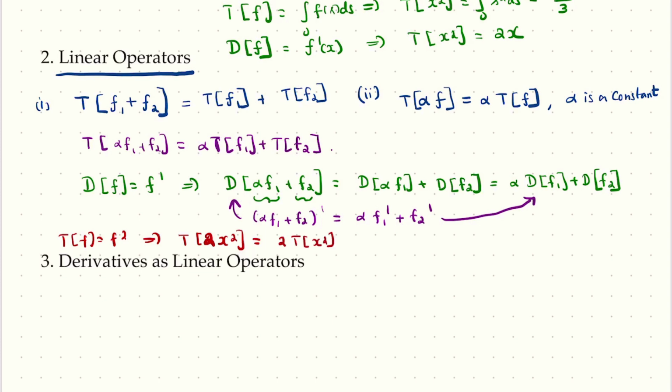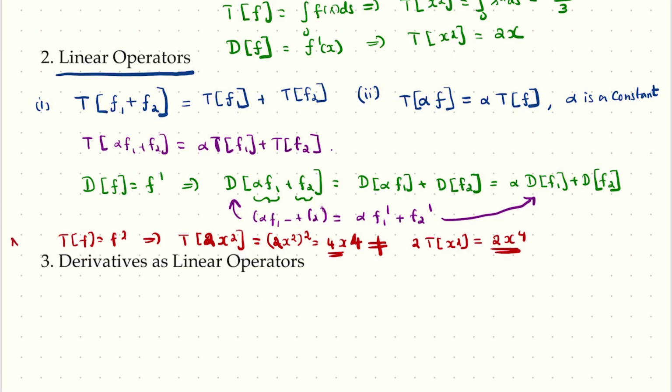But unfortunately, we're not going to have that. What we are going to have is 4 times x squared the whole square, 2 times x squared the whole squared, which is 4 times x to the 4, which is not equal to 2 times x to the 4. So 4 times x to the 4 is not equal to 2 times x to the 4, and therefore this is not a linear operator.